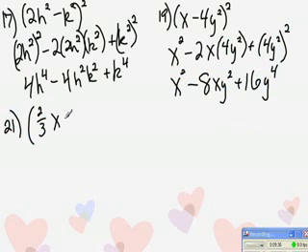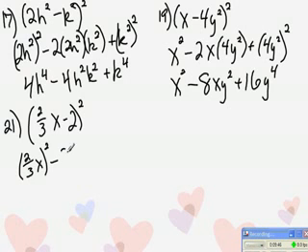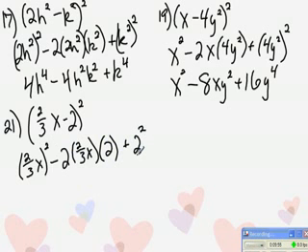So 2/3 x minus 2 squared. Same process even though it's a fraction. So it's the first one squared minus 2 times 2/3 x times 2 plus the last one squared. 2/3 squared. You square the top, you square the bottom.